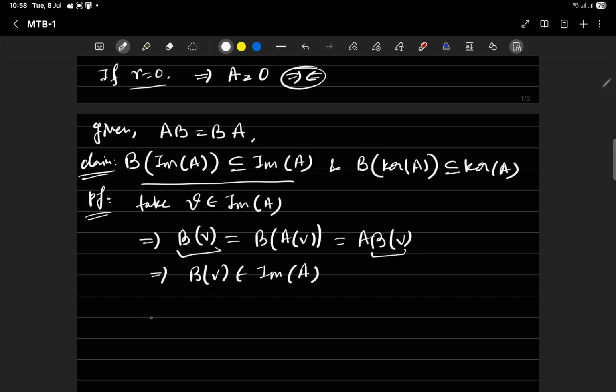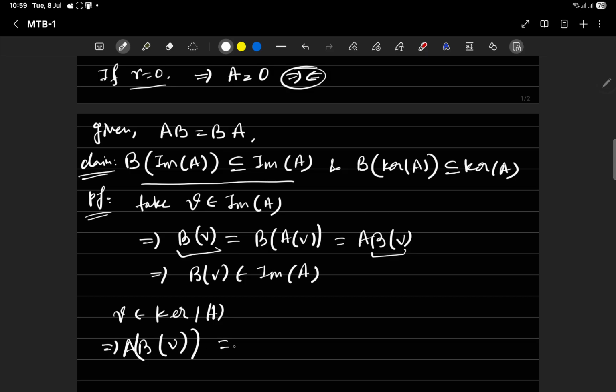And again, let's say V belongs to kernel of A. This is also very easy. We have to prove BV is also in the kernel.